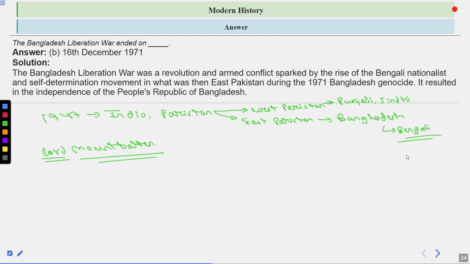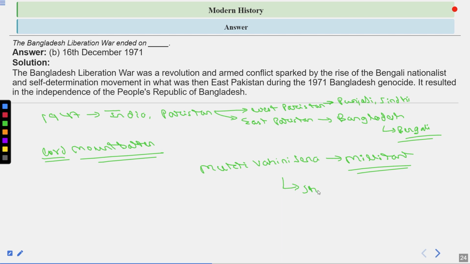So a conflict arose from the differences between these. And during that time, the Mukti Vahini Sena, that was a militant group, was formed within East Pakistan against the atrocities of the government of Pakistan.